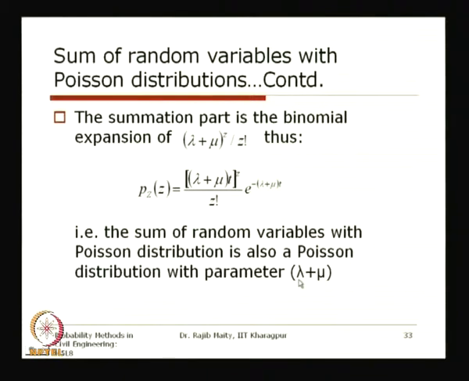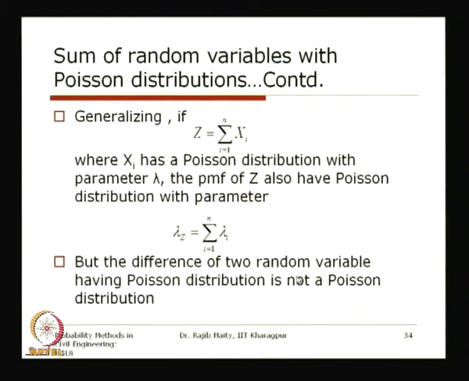If there are n such Poisson random variables, and Z is the summation of all of them, then Z will also have a Poisson distribution, and the parameter lambda_z should equal the summation of all the parameters of these Poisson distributions.